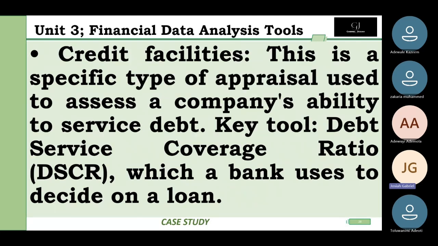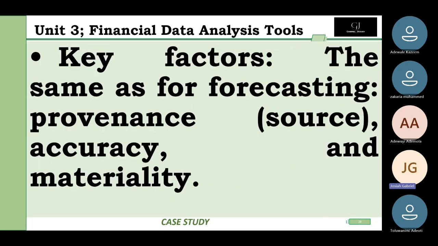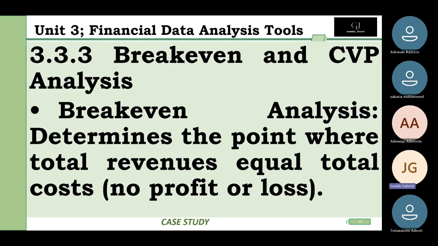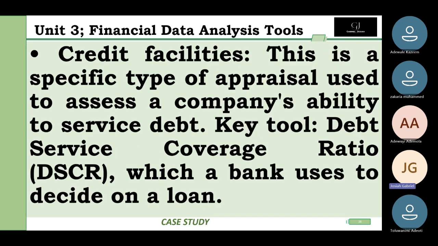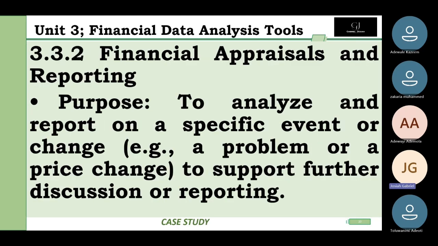After you've appraised the person, you either grant the loan or not, and report back to those charged with governance or those you're working for on what you have appraised and the decision you've made, or for them to make a decision on that. That's essentially what reporting is all about. So that's financial appraisals and reporting.